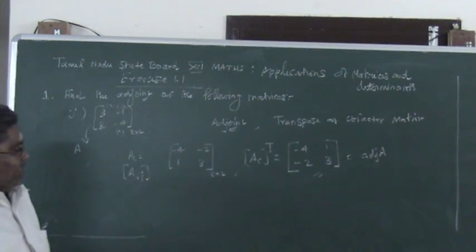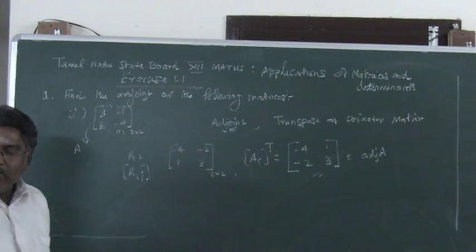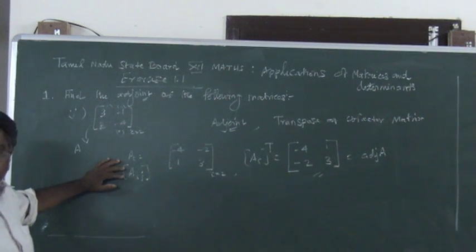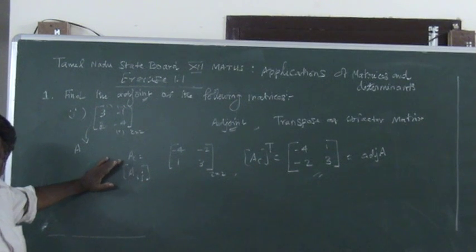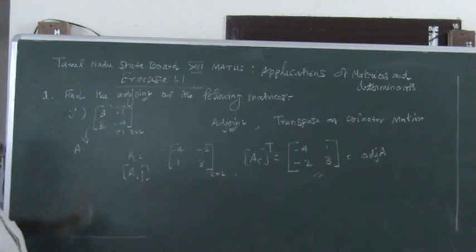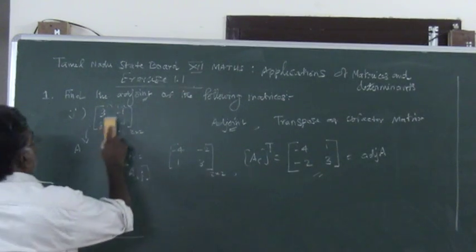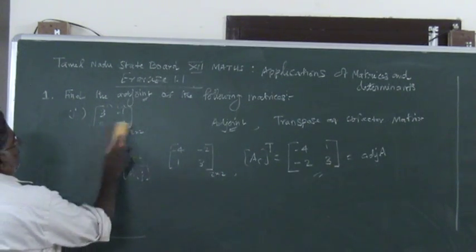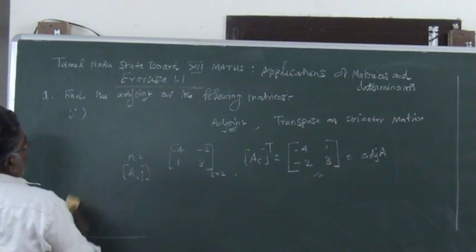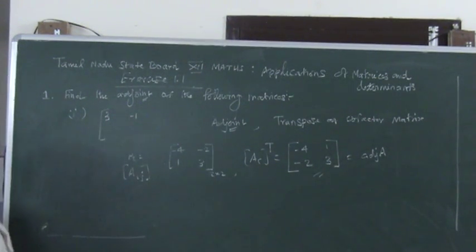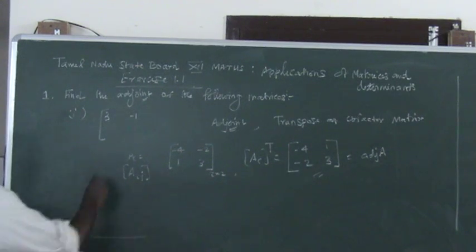But you can have a shortcut for this, because here we did fully. Otherwise, if it's objective type or any such thing, you can use a simple shortcut. What you can do, this is the given matrix. What is the given matrix? 3, minus 1, 2, minus 4.